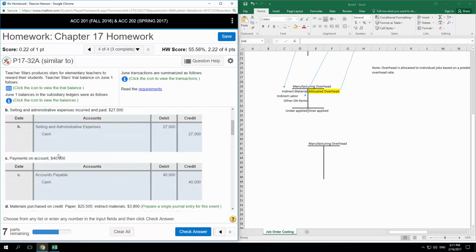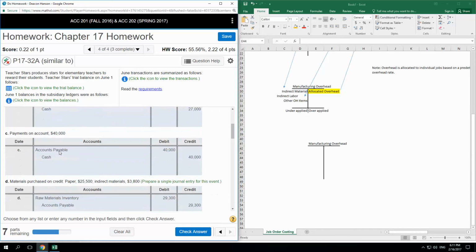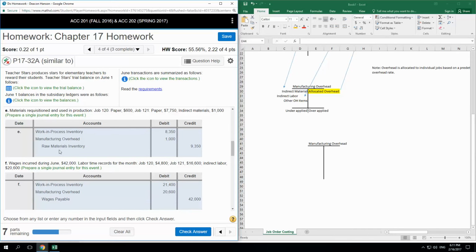The first two entries have no booking to overhead. Then in item E, we have an overhead charge.